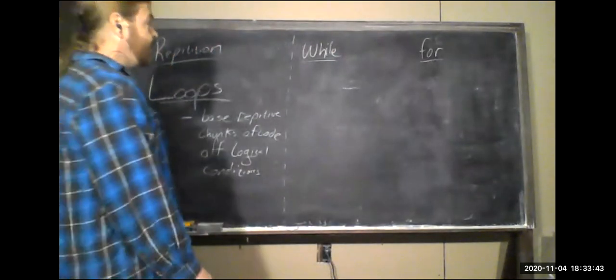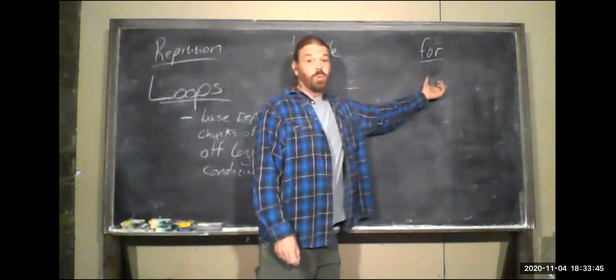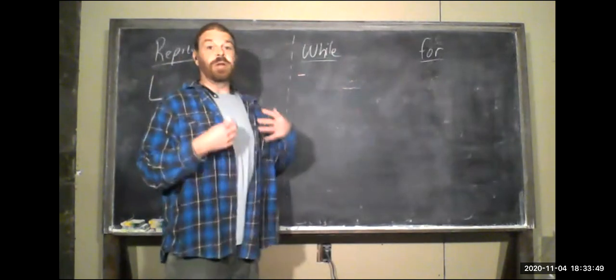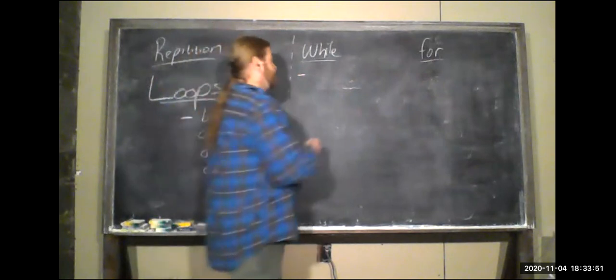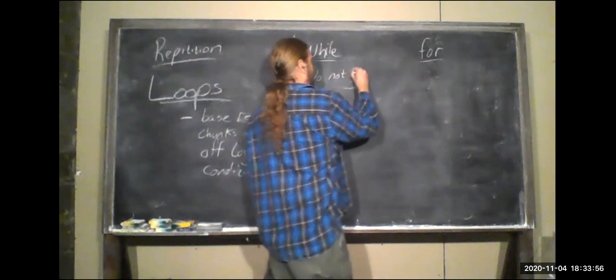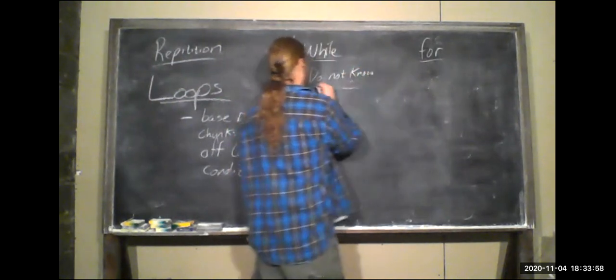But our general rule of thumb for when to use which kind is that a while loop is for when we do not know in advance how many times it will run.